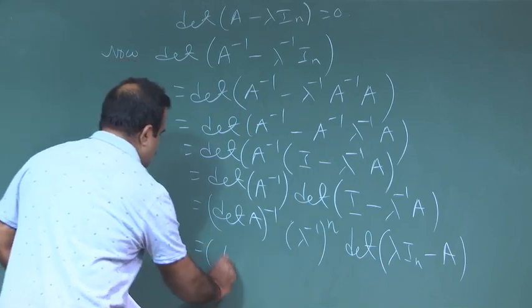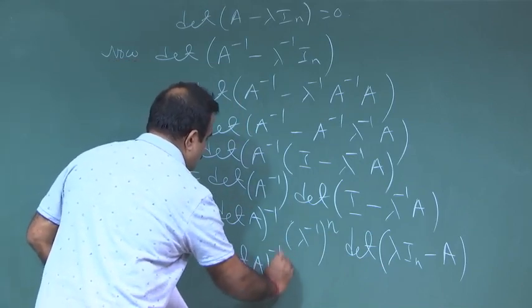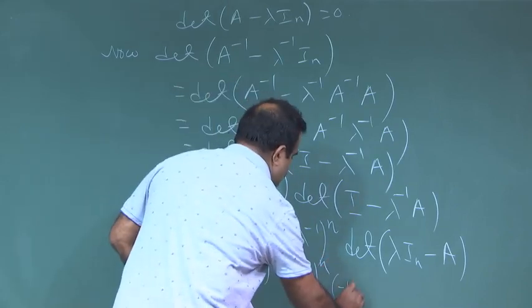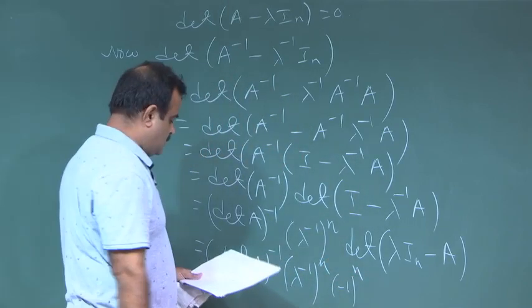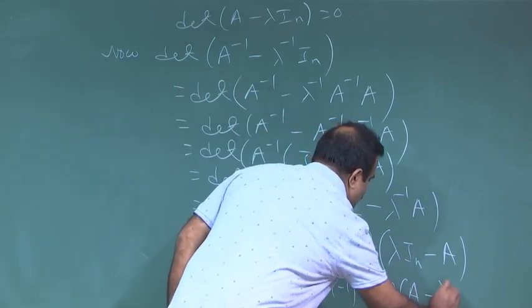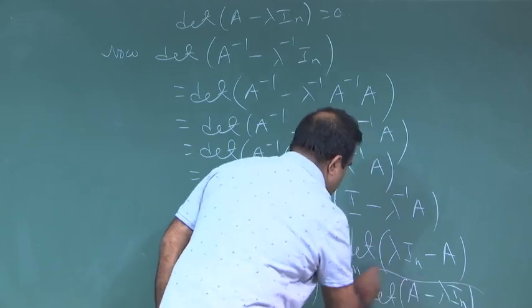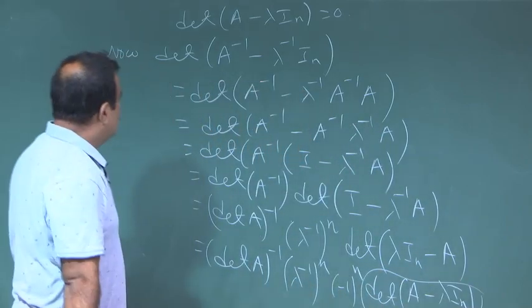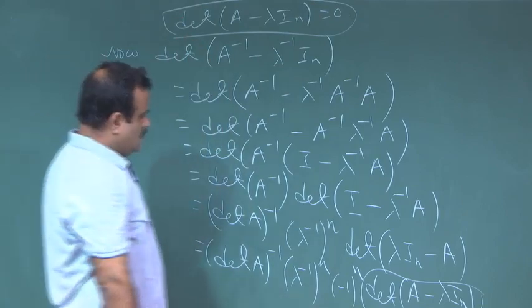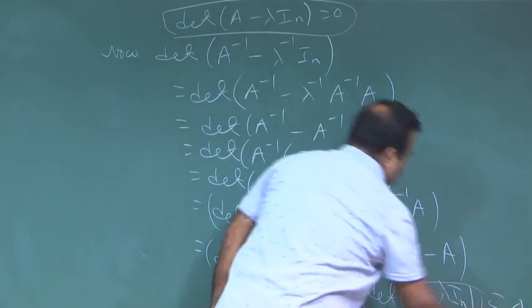So, this will give us det of A inverse, which is none of this is 0, then lambda inverse to the n, and we take minus, and this is det of A minus lambda I_n. So, this value is 0, because lambda is the eigenvalue of A. So, this whole thing is 0.